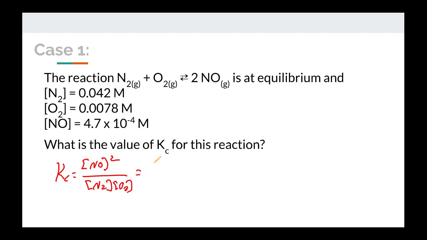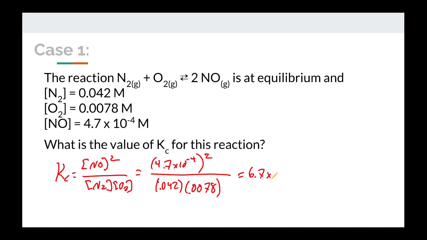So we'll just plug in the values that we were given. For NO, that's 4.7 times 10 to the negative 4th molar, squared. For N2, it's 0.042 molar. And for O2, 0.0078 molar. Calculate this all out and you get 6.7 times 10 to the negative 4th.